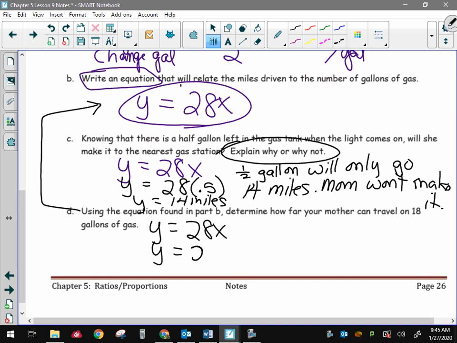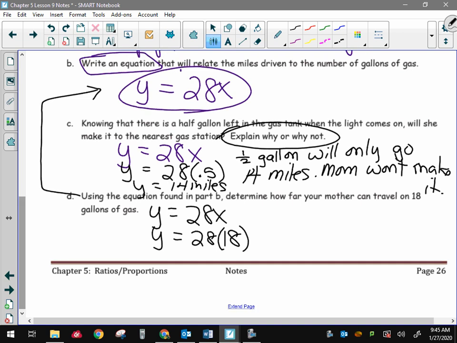Y equals 28, parentheses, 18. How far can she go? You've got a calculator in front of you. 504 miles.